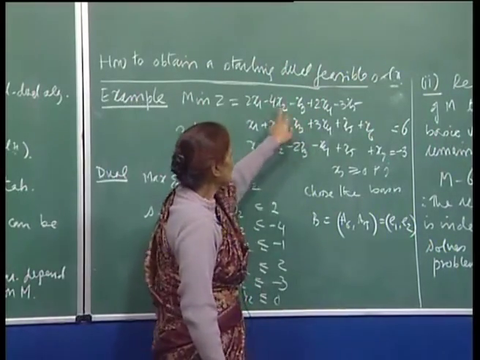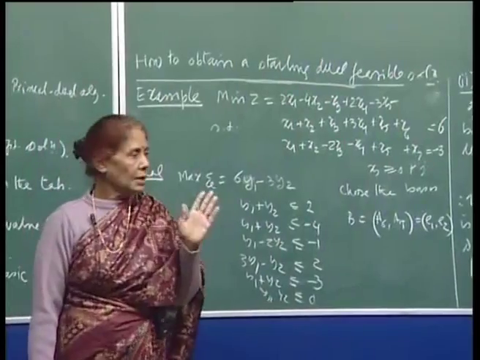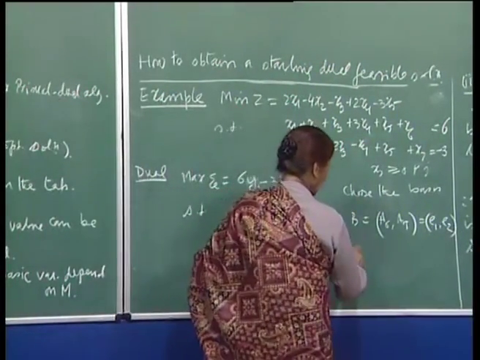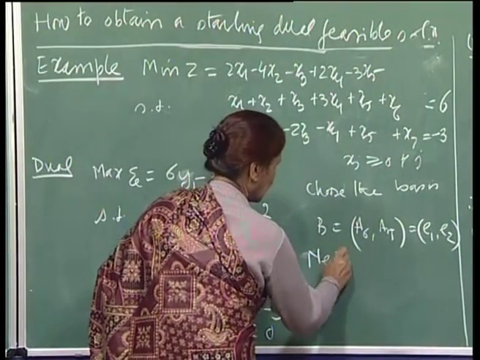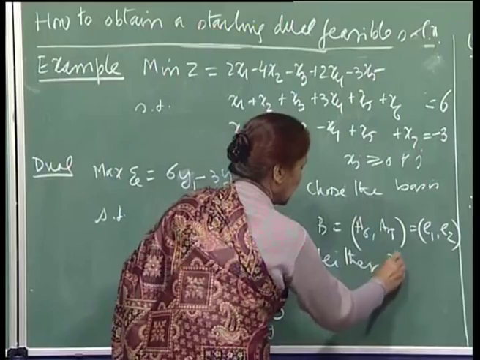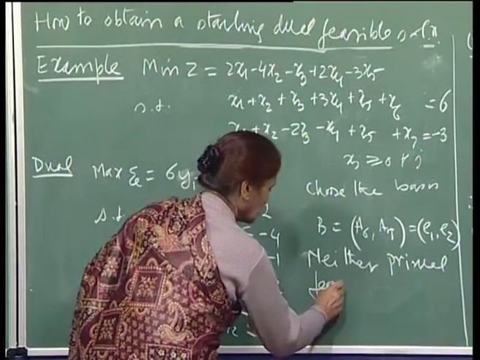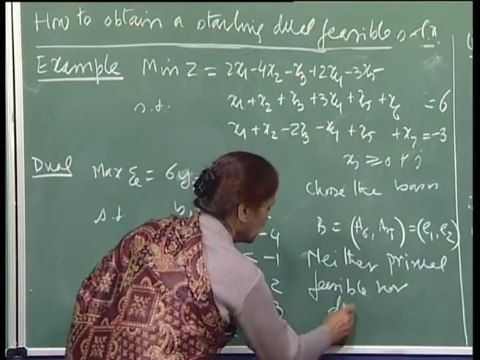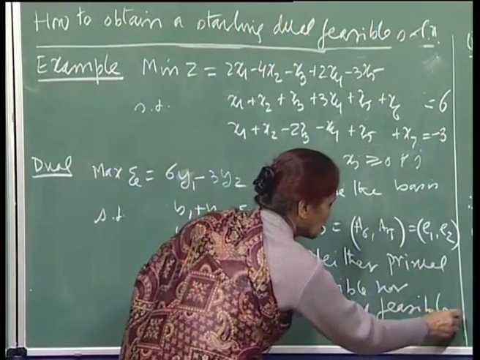And you can see from the top that the entries are not all non-negative, so it is also not dual feasible. So, this basis is neither primal feasible nor dual feasible.